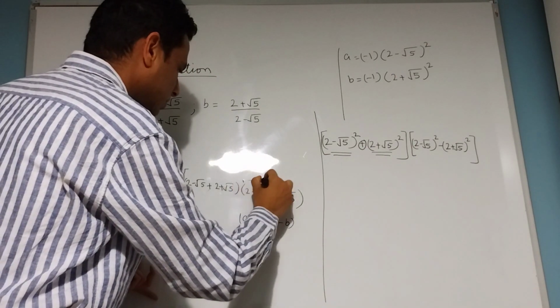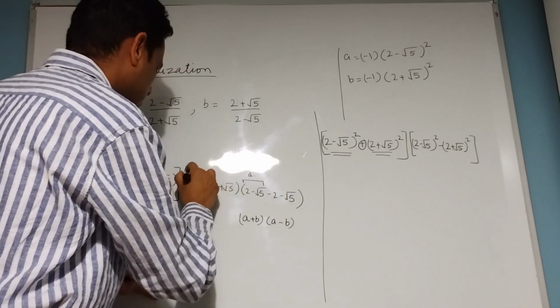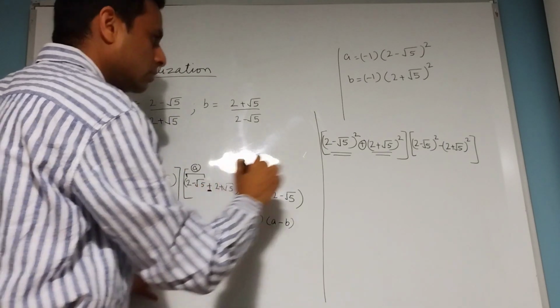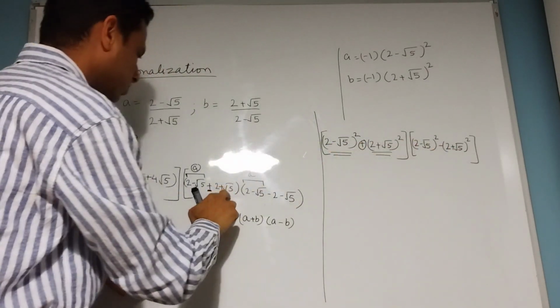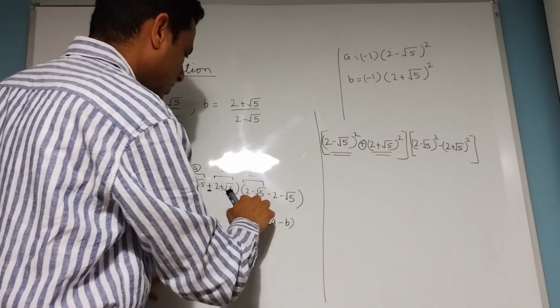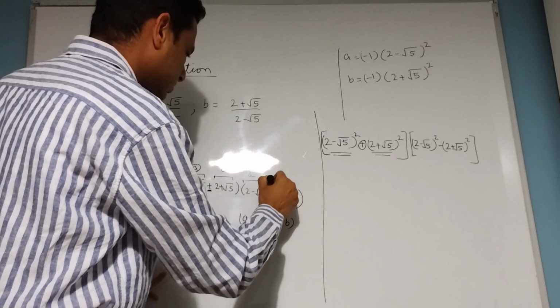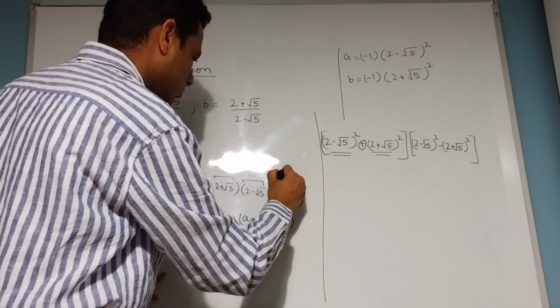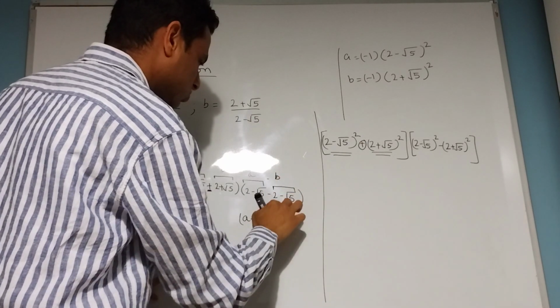This is a plus b, which is 2 plus root 5, times a minus b, 2 minus root 5.